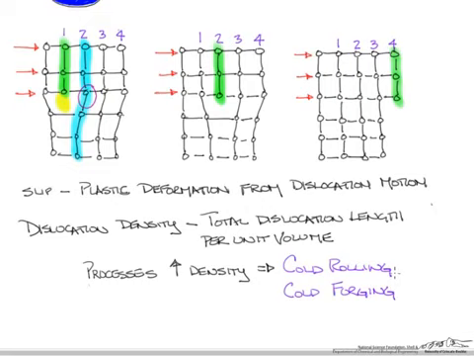We're assuming that our material is below its recrystallization temperature. So cold rolling and cold forging are examples of processes below recrystallization. So just remember, the next time you permanently deform a metal, what you have actually done is a large amount of dislocation motion.